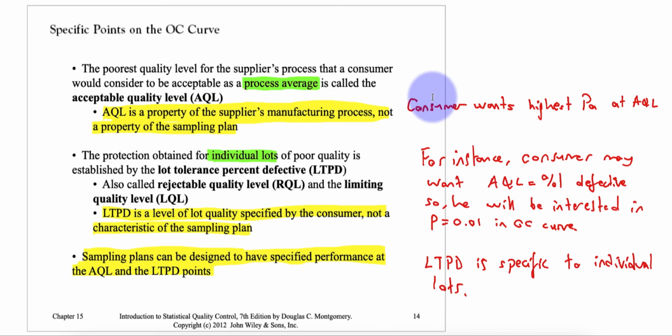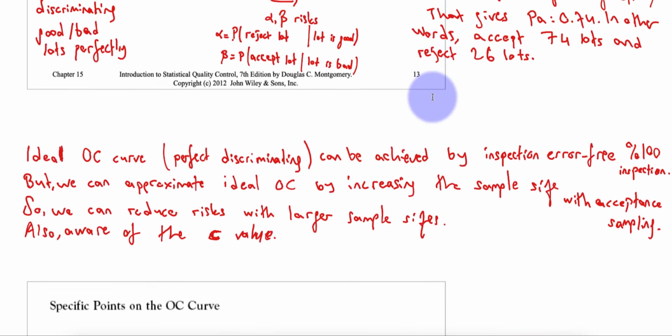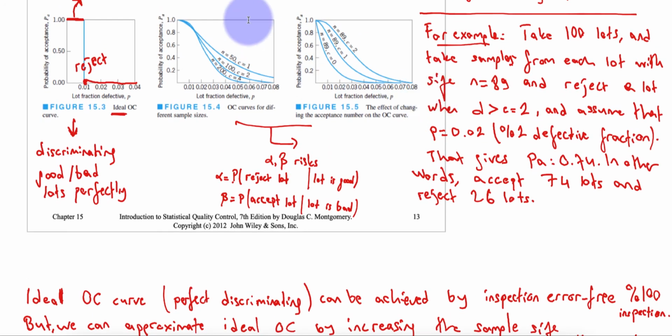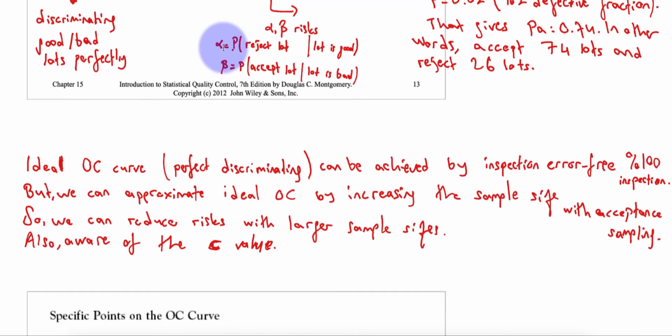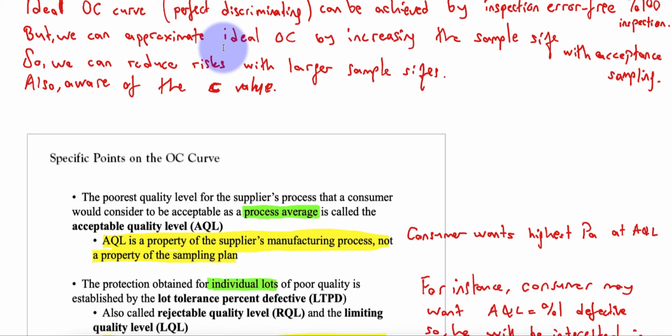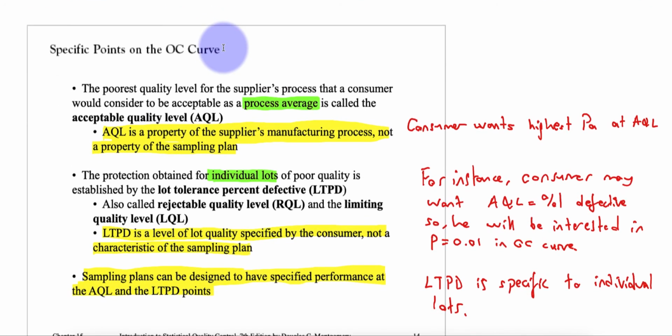In the OC curve, here we have thought about a population of lots, right? So that's why we are using the binomial distribution when we are calculating such OC curves. So we have thought about the whole population of lots. Whole population of lots means that we are thinking indirectly about the processes.